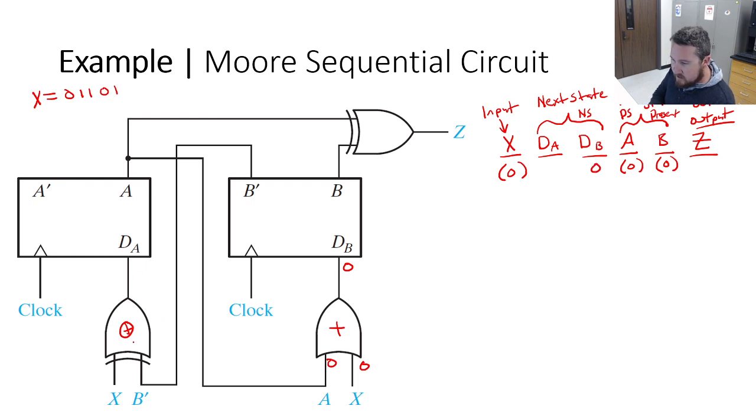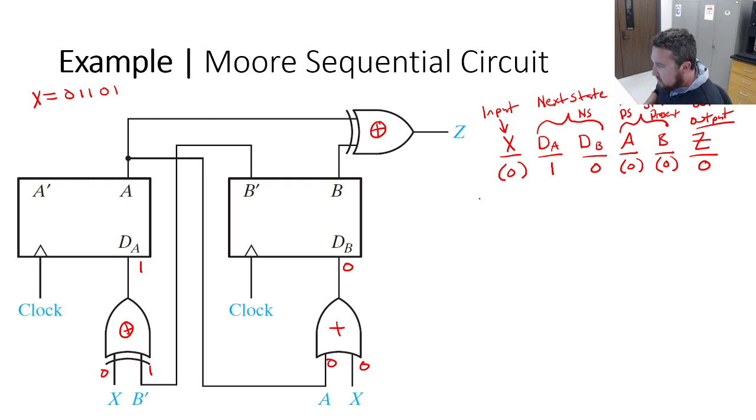For dA, that's 0 XOR B prime. Since B is 0, B prime is 1. So 0 XOR 1 is 1, which means dA is equal to 1. And then Z is A XOR B, so 0 XOR 0 is 0. So that's our initial start of the universe conditions. Are there any questions about how we kick this off?